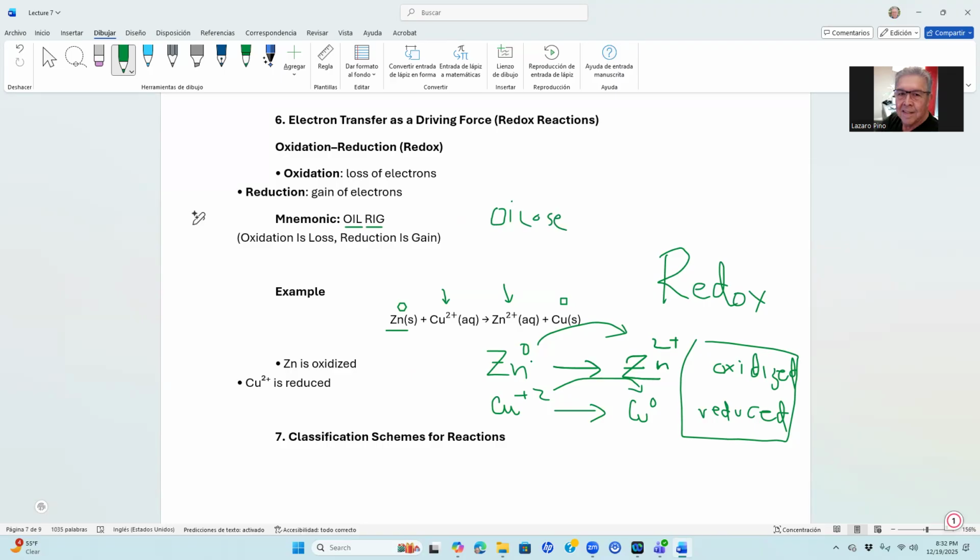That's why here zinc loses 2 electrons, while in this case copper gains 2 electrons. That's reduction. And RIG means reduction is gaining what? Electrons. Okay, let's continue.